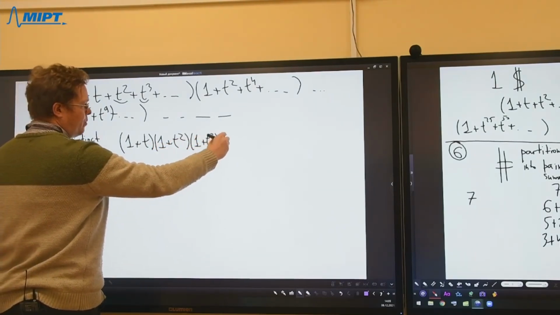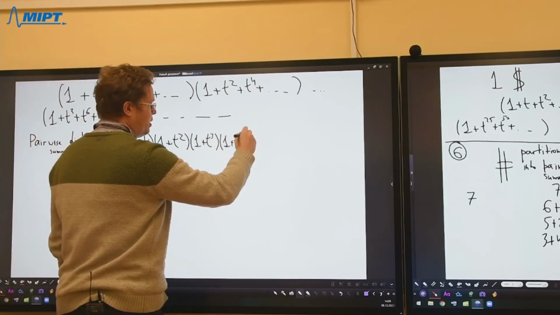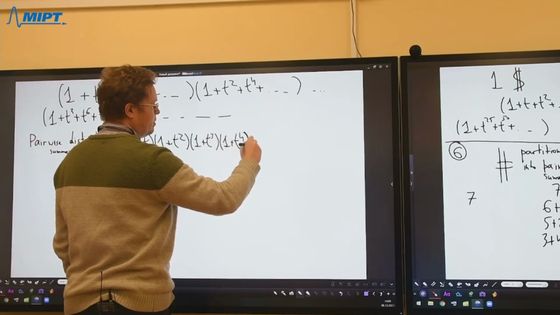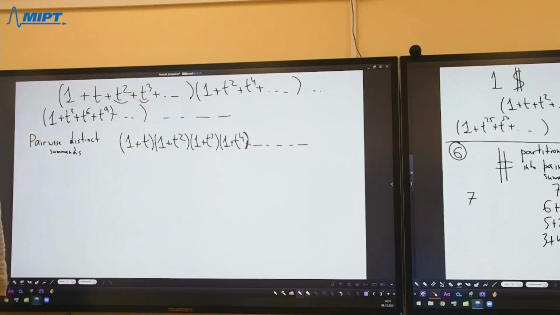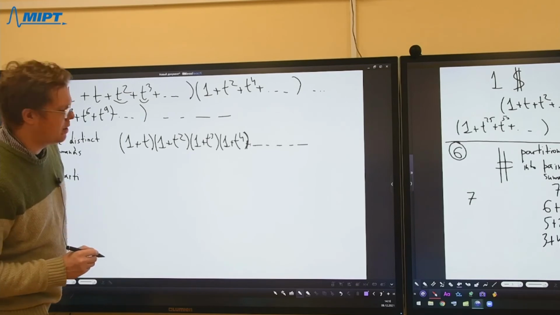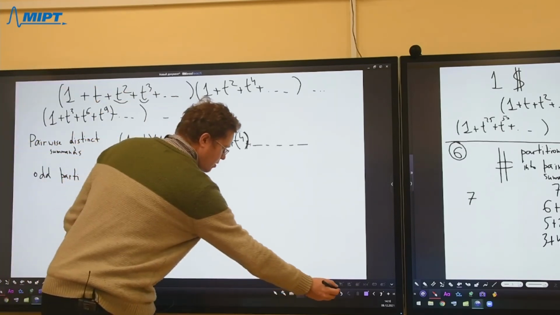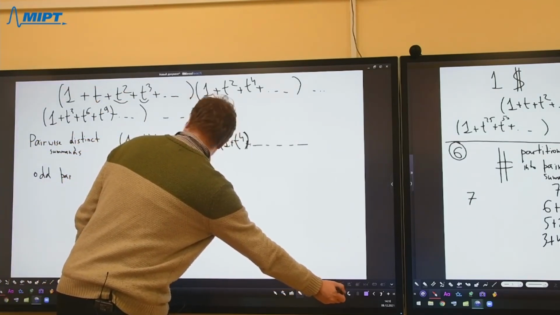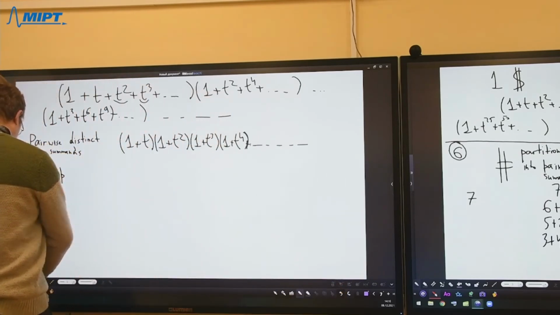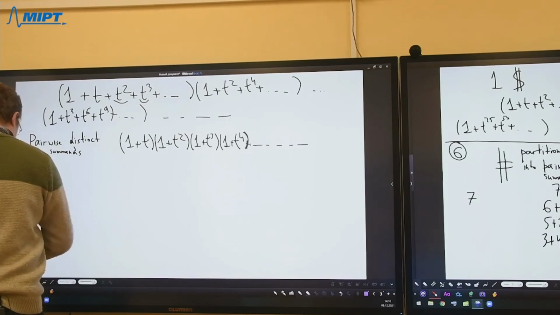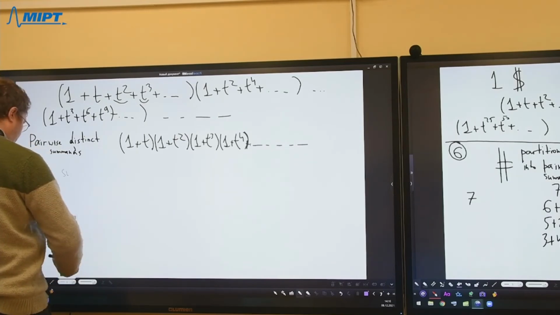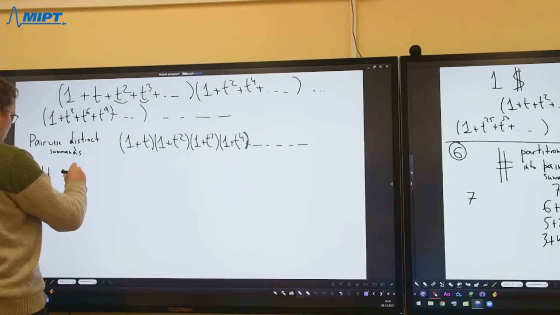we have the following generating function. And if we take only odd partitions, odd summands, then we take only the brackets with odd base.